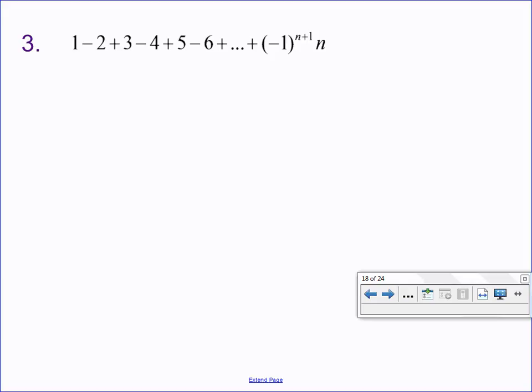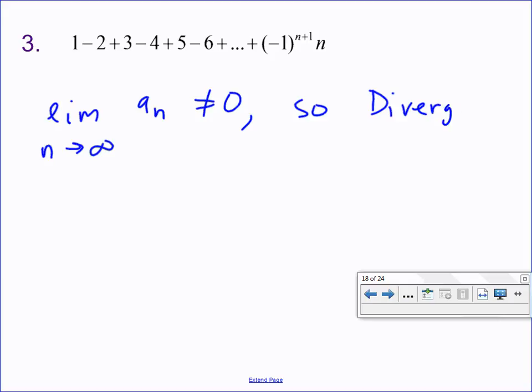And so this diverges by the nth term test. The limit as n goes to infinity of the nth term does not equal 0. So the series diverges by the nth term test.